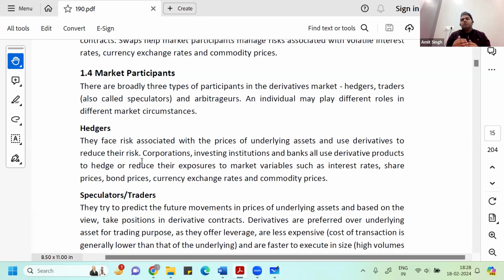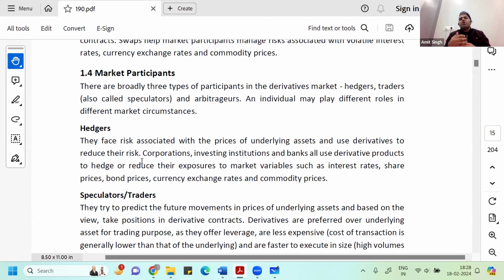In order to reduce the uncertainty created by price volatility, the set of individuals who take the help of derivatives to fix the price at which they will transact in the future are called hedgers.